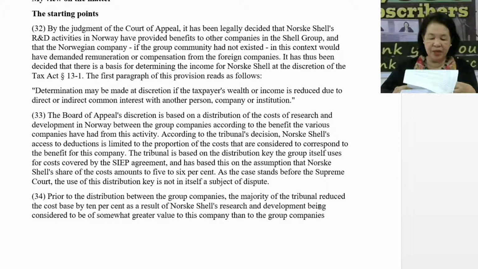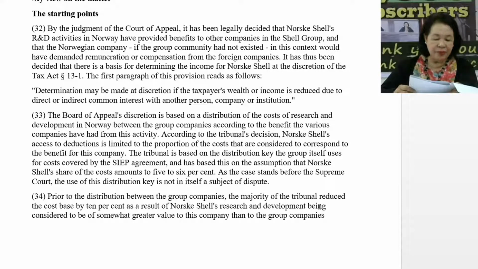According to the tribunal's decision, Norske Shell's access to deductions is limited to the proportion of the cost that are considered to correspond to the benefit for this company. The tribunal is based on the distribution K, no? So ito na.